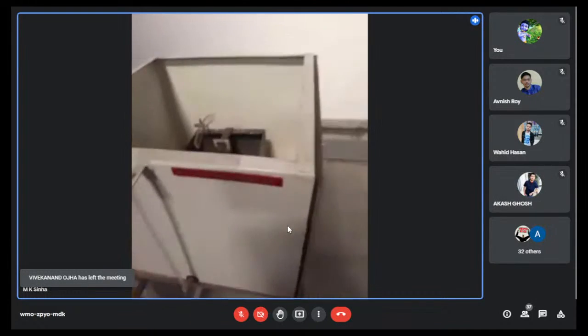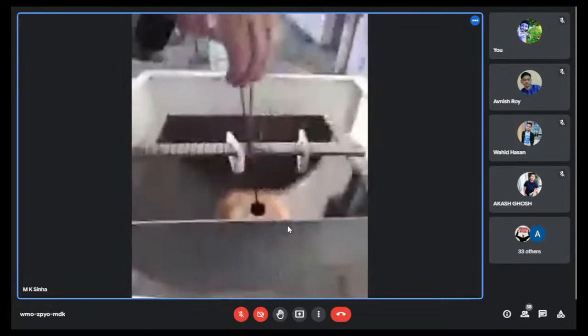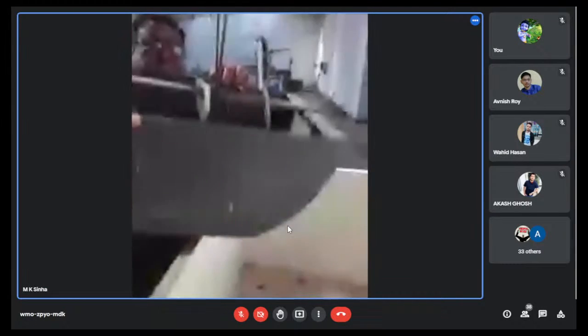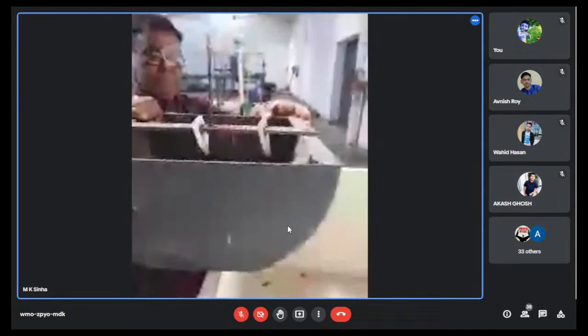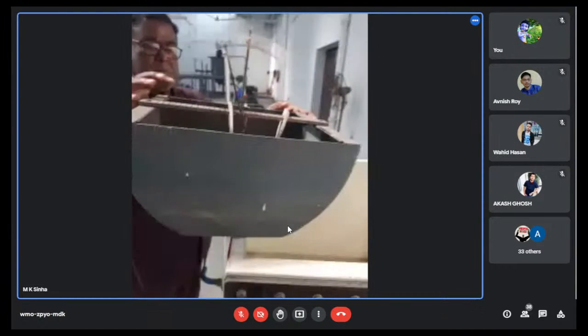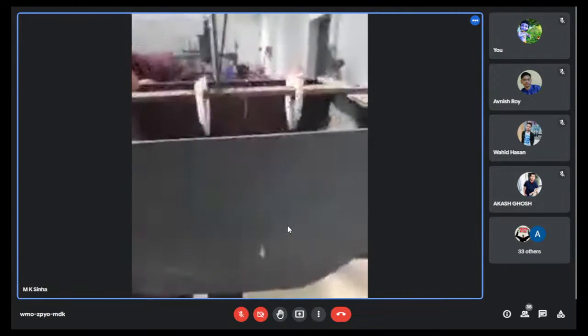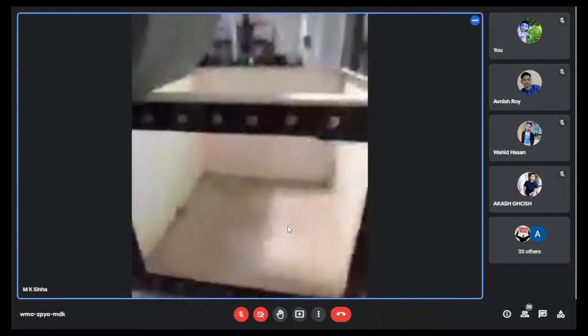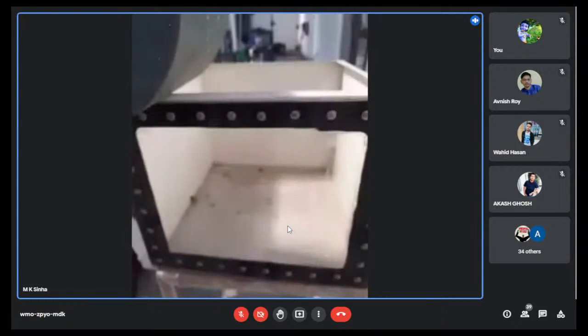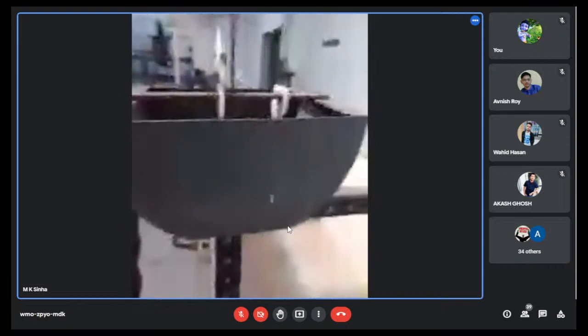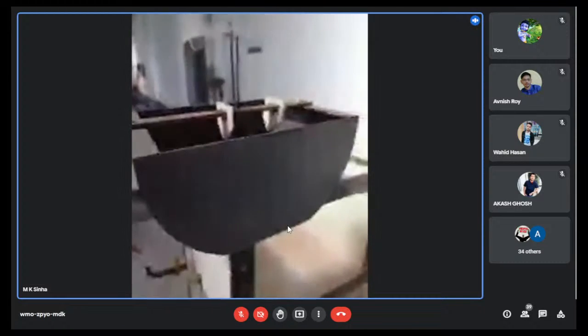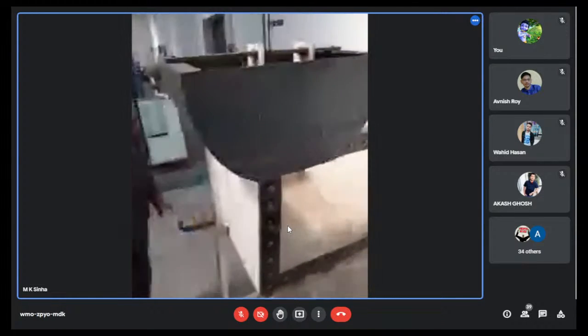this is the setup of metacentric height. This is the tank we have, and this is the ship model in which we will calculate the metacentric height.